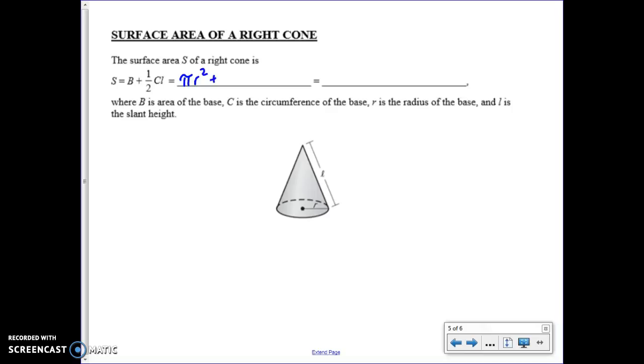But we know our circumference is 2 pi r, and then we still have our slant height on the end. What I notice here is this half times 2, and a half times a 2 just cancels out. So I end up with pi r squared plus pi r L.